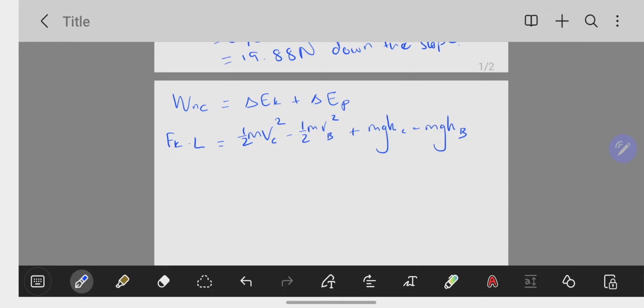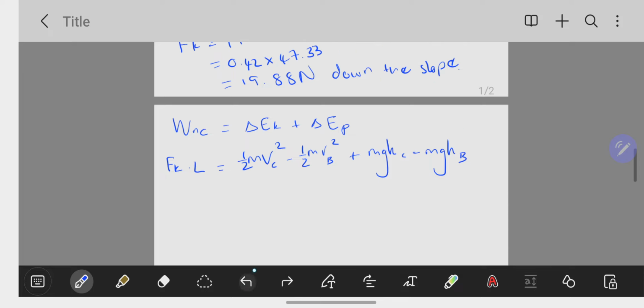Now that we have this, we can just substitute all our values. So our frictional force we calculated to be 19.88. But remember, frictional force is acting down the slope, while our displacement will be up the slope. So these are in opposite directions.